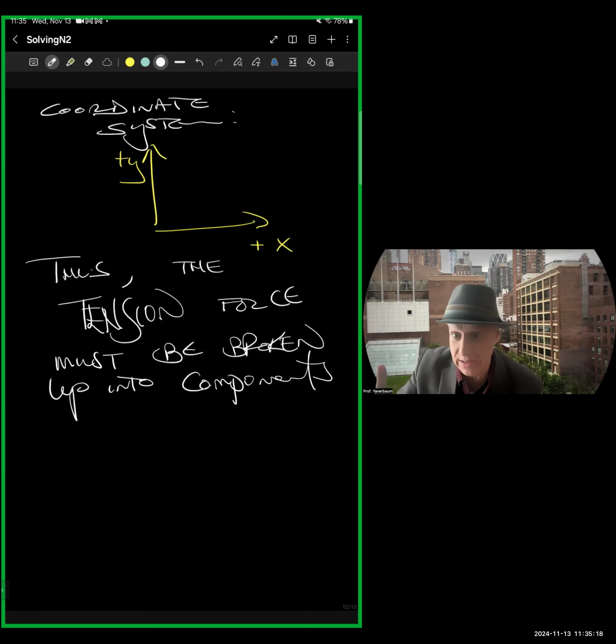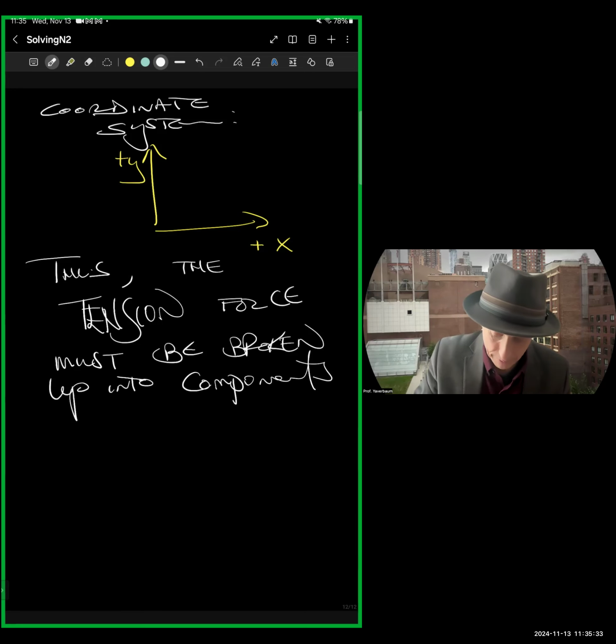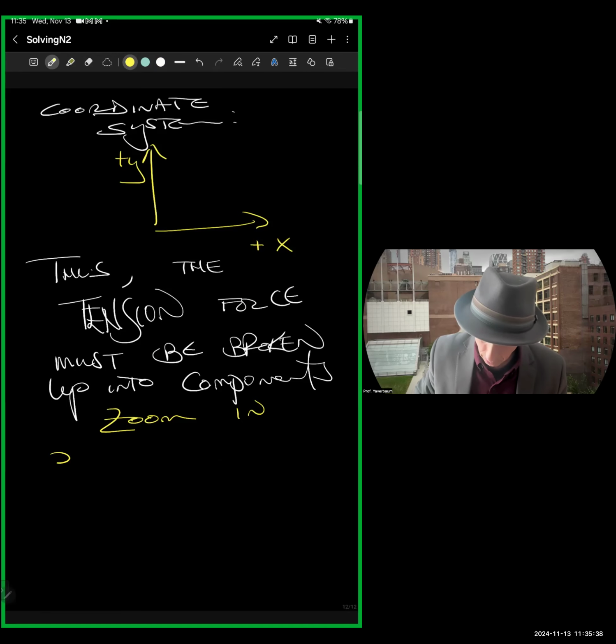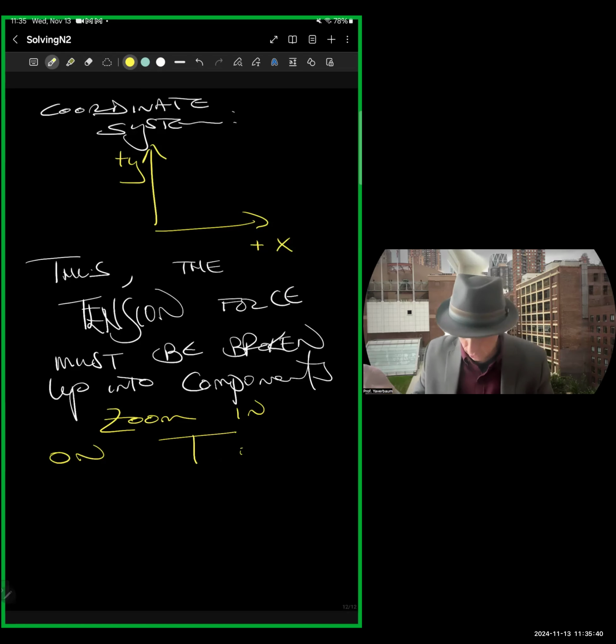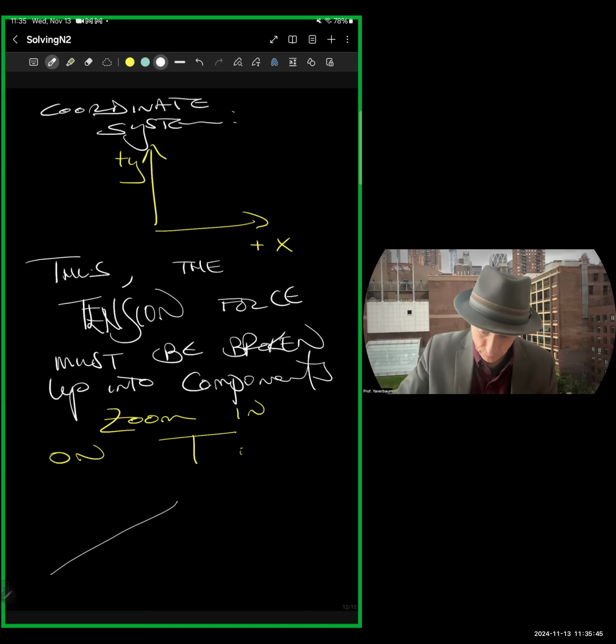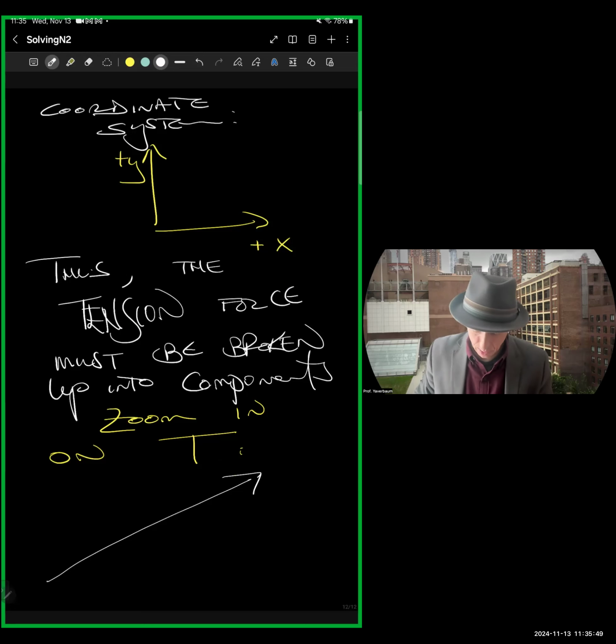Now, I'm going to say this again because the whole purpose is to get this to the state of your lab. Notice what I'm doing. It sort of seems obvious. Well, actually, I'll just do it and then I'll relate it to the lab, or remind me if I don't. So I'm saying zoom in on the tension force, the string. It looks like this, right?